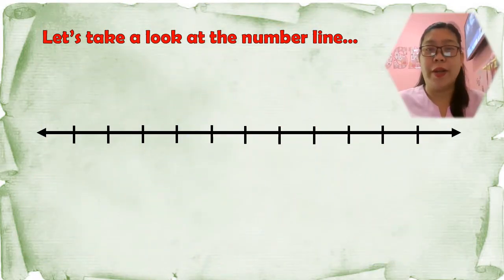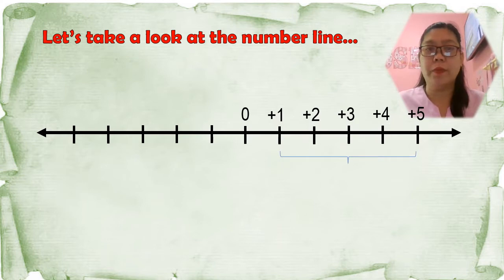Look at the number line. 0 is our reference point. At the right of 0, we have positive 1, positive 2, positive 3, positive 4, positive 5, and so on. All numbers at the right of 0 are called positive integers.